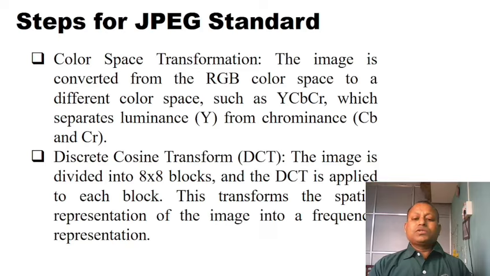Then the discrete cosine transform is performed. The image is divided into 8 by 8 blocks, and the DCT is applied to each block. This transforms the spatial representation of the image into a frequency representation.